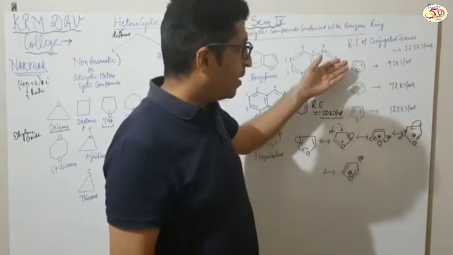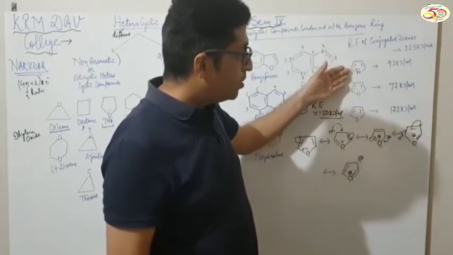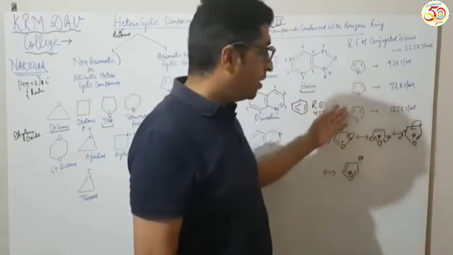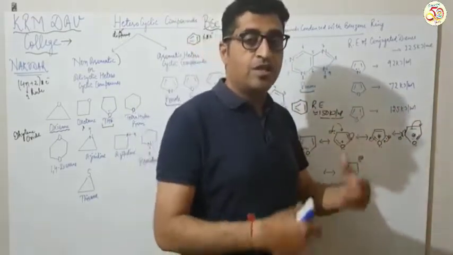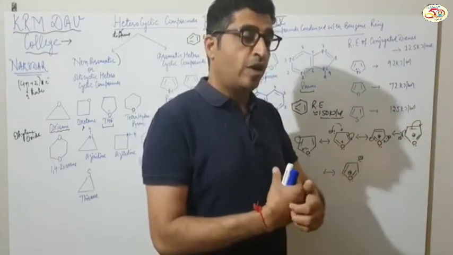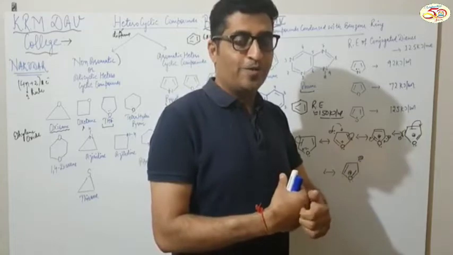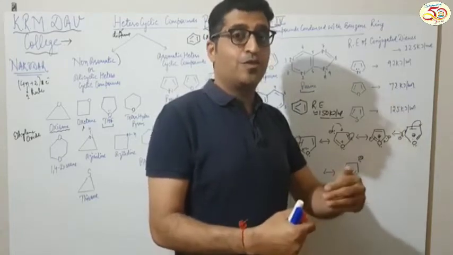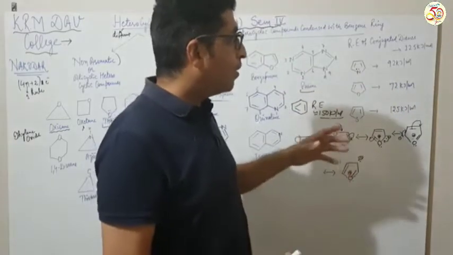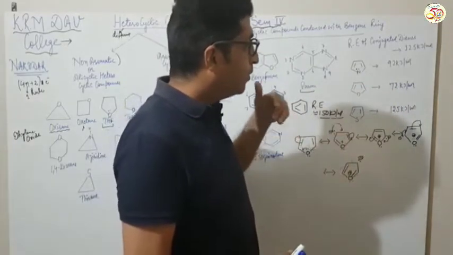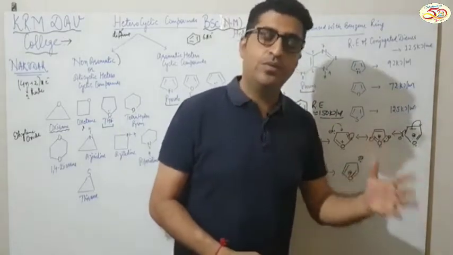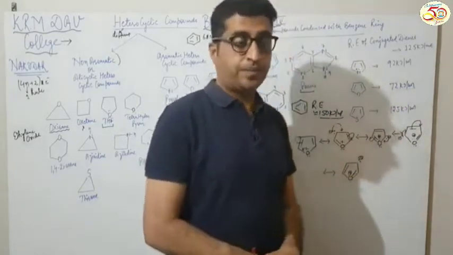Then if I take pyrrole and furan, nitrogen is possessing positive charge in its resonating structures. In furan, oxygen is possessing positive charge in its resonating structures. But the structures of nitrogen are more stable because positive charge is relatively more stable on the less electronegative atom. So that is why the contribution of resonance is more in pyrrole as compared to furan.